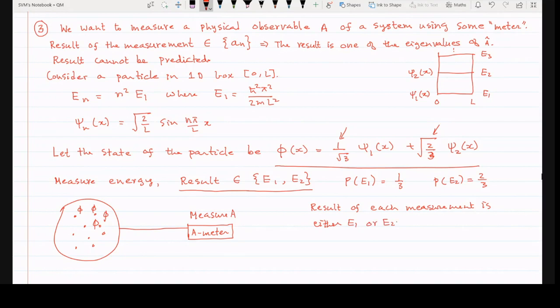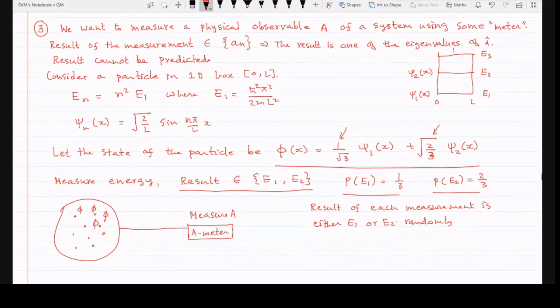We do not know, and the result appears randomly, either E1 or E2, because we have no control on this. We have no way to predict. The only thing it conforms to is these probabilities. That means if you are sending a large number of particles, 1/3 of them will be showing you the result E1 and 2/3 of them will be showing you the result E2. Only that is what is guaranteed, and that is what quantum mechanics tells us.